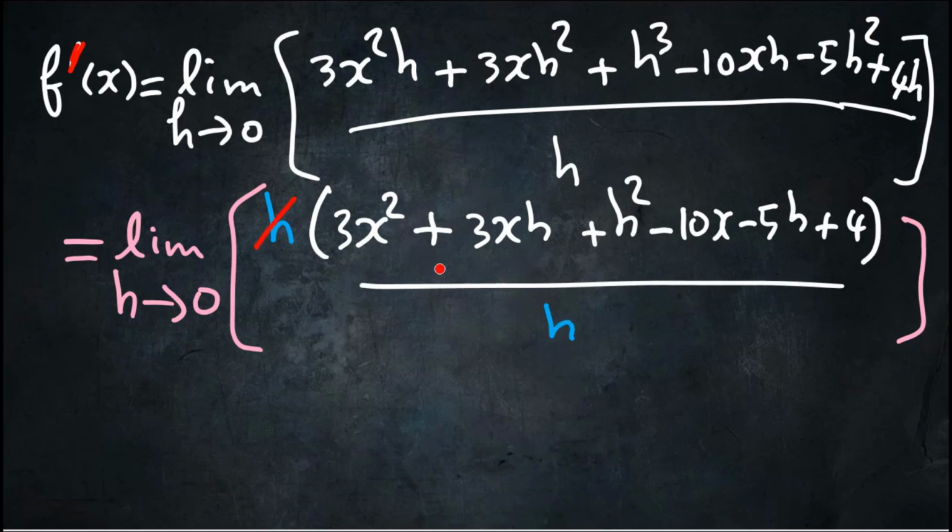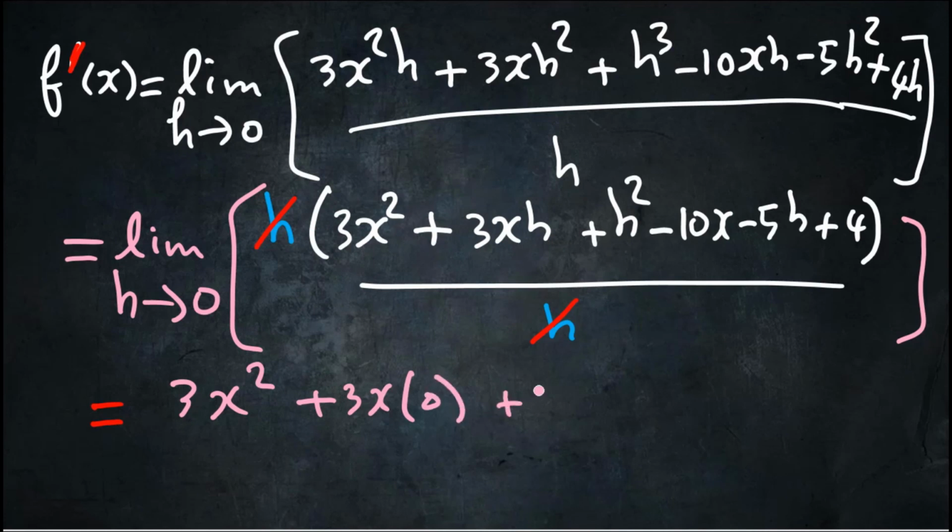And we cancel the h's, and we let h equal 0 in the final expression to get 3x squared plus 3x times 0 plus 0 squared minus 10x minus 5 times 0 plus 4.